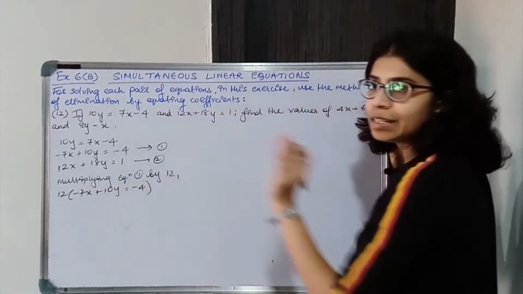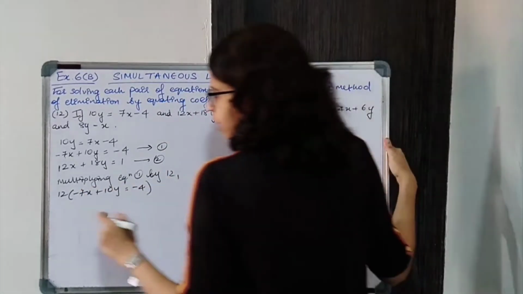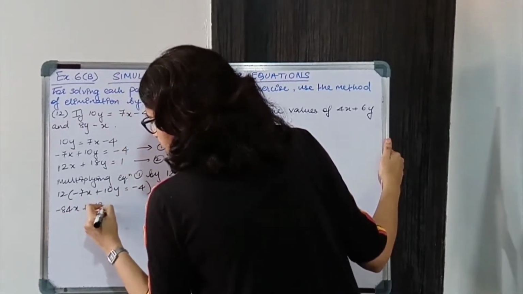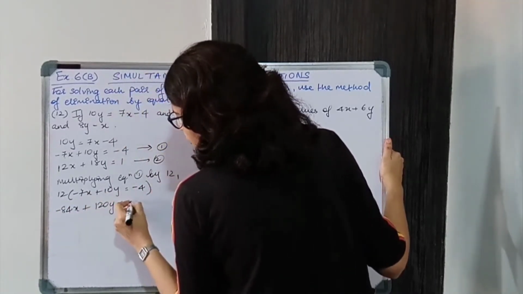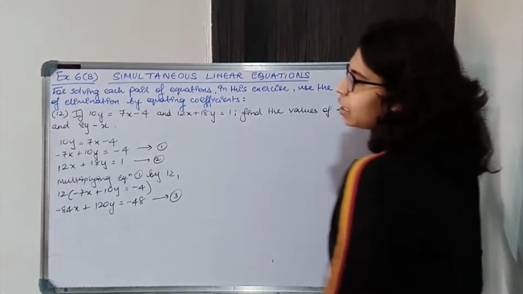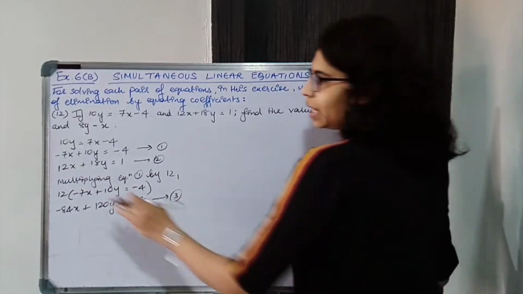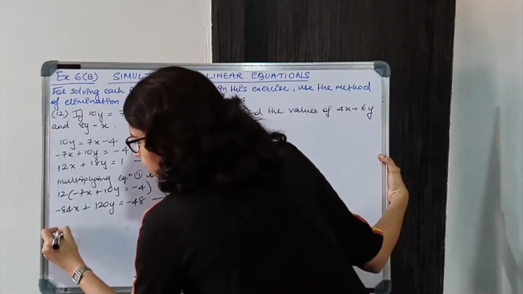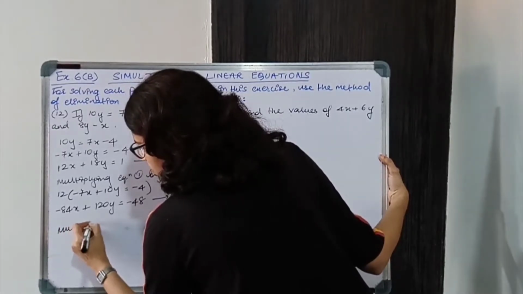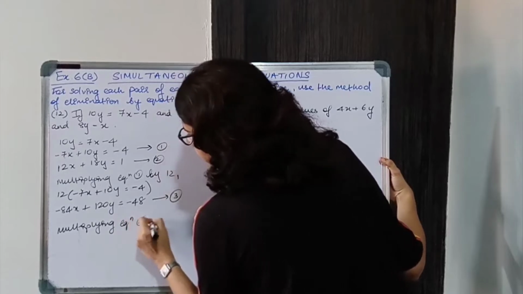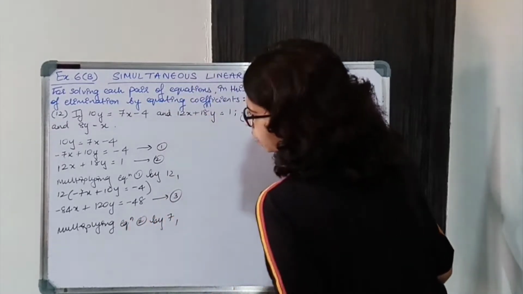You have to multiply the entire equation. So this will become minus 84x, 12 tens are 120 and 12 fours are 48. Mark this as 3. Now this also we have to make 84. So we'll multiply by 7. So multiplying equation 2 by 7.